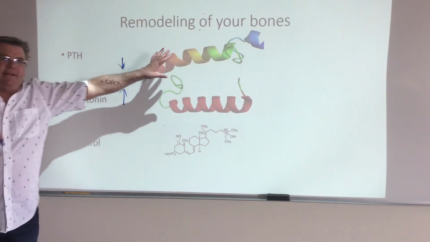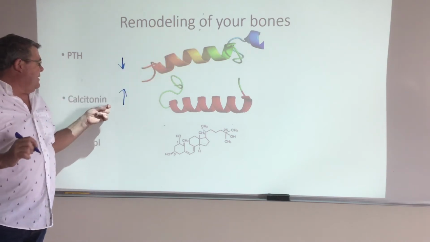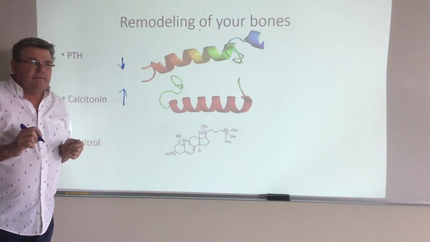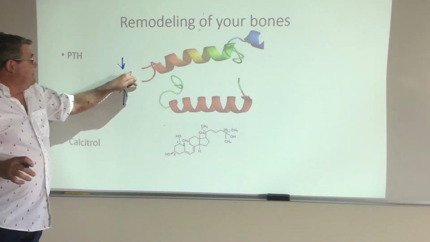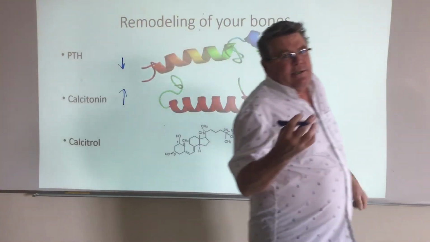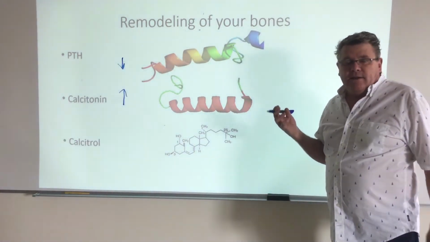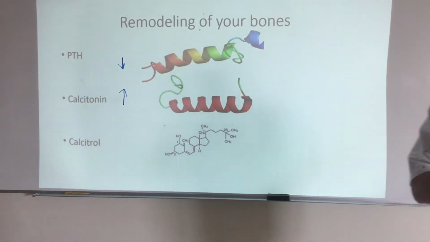So you can see that it is a really intricate dance between these 2. If you end up with an increase in calcitonin, you end up increasing the amount of bone tissue. Conversely, if you increase the amount of parathyroid hormone, now you're going to look at a loss of calcium deposition in the extracellular matrix.